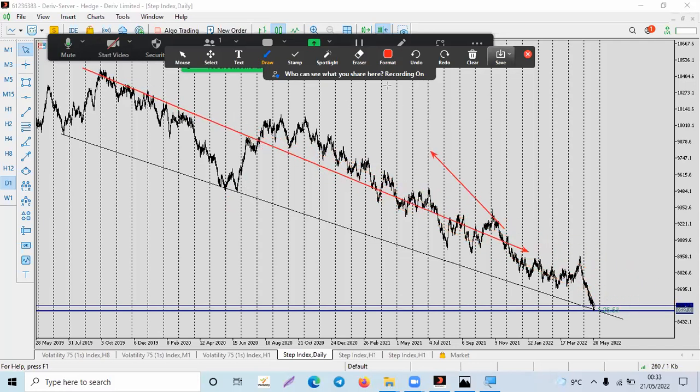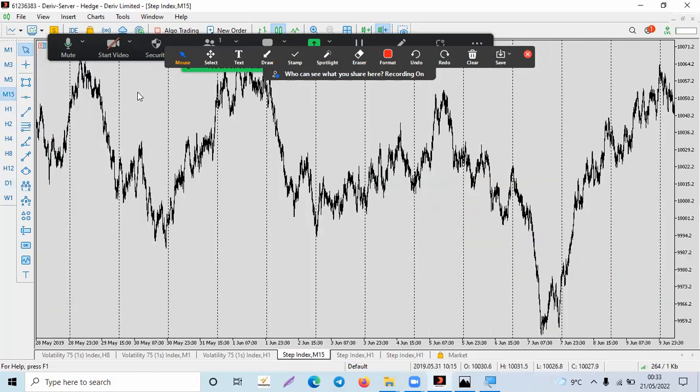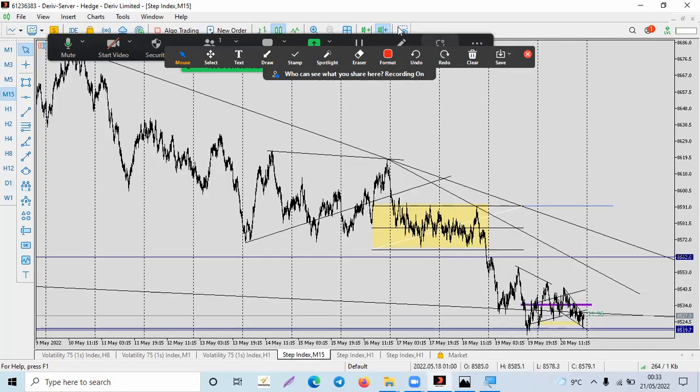So what's going to happen? I jumped to the 15 minutes time frame to check the reaction on the trend line. We go to M15. That's what I saw.